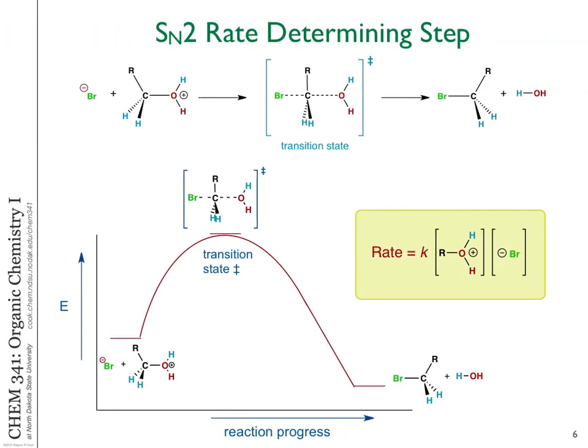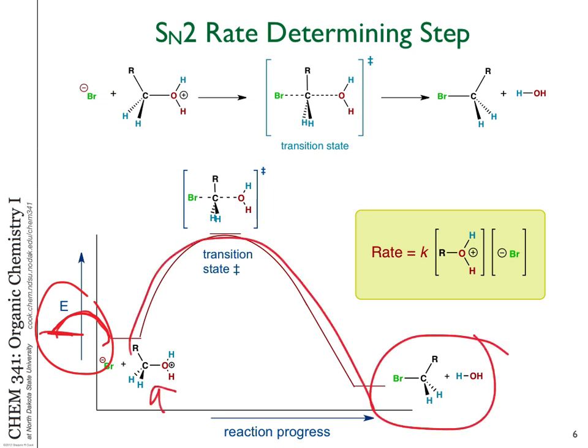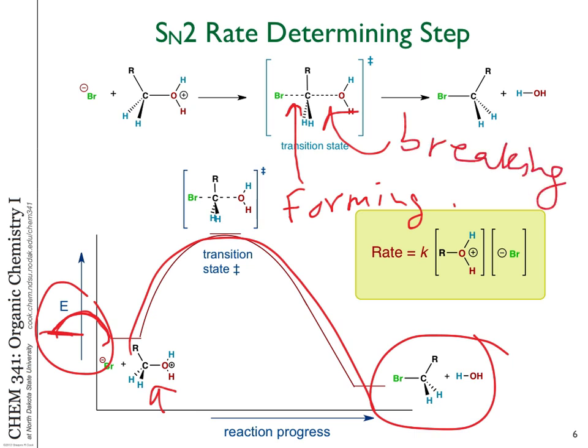And here's that energy diagram to show that step. So the pre-equilibrium here to protonate is still happening. But that process from the alcohol that's been protonated to the product is just one step, not two. The transition state reflects the bond forming from the carbon to the bromine and the bond breaking of the C-O bond.